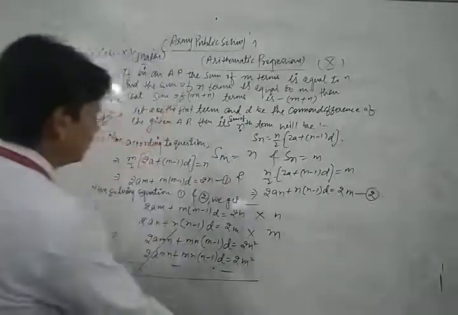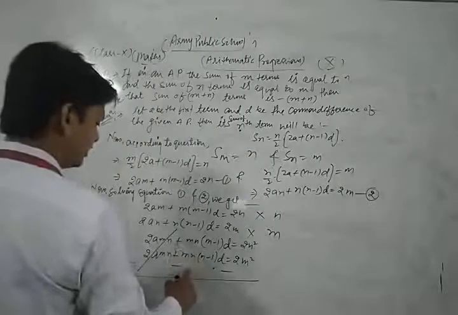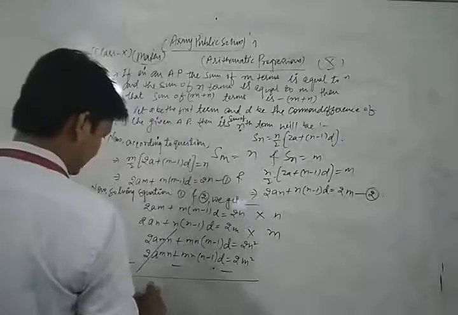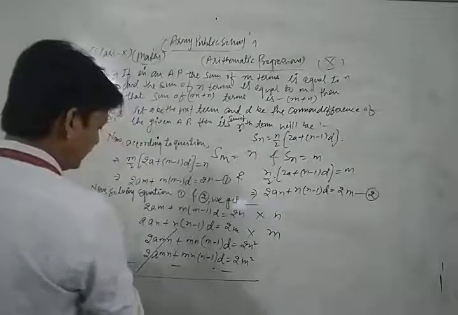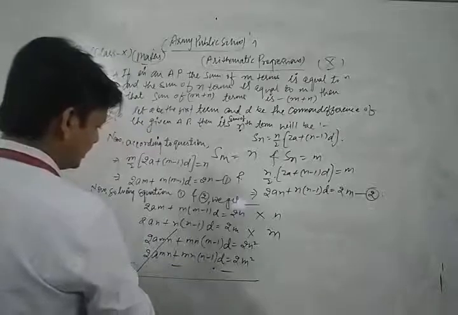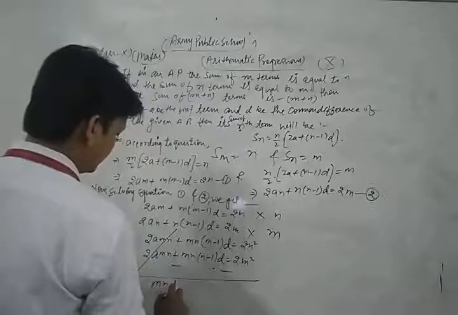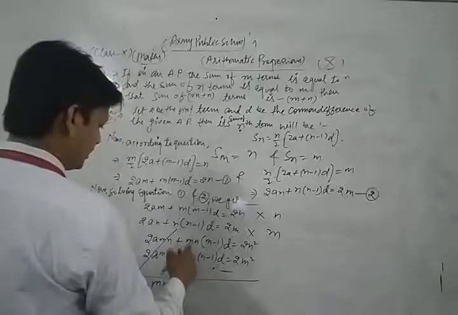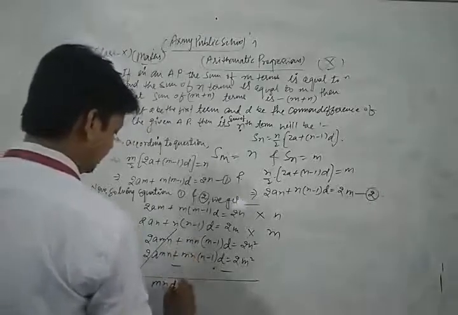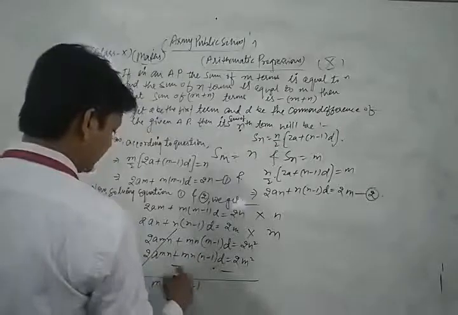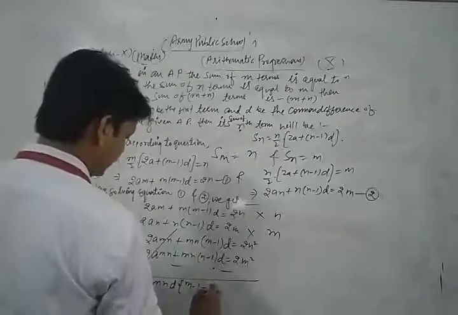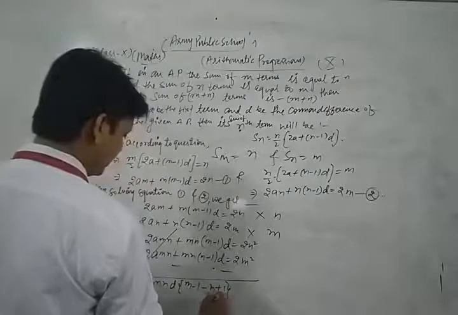Now what do I get? This minus this. We take d, and let's see, we write m and d as common. mn into d as common, so we get what? Here (m minus 1) minus (n minus 1).